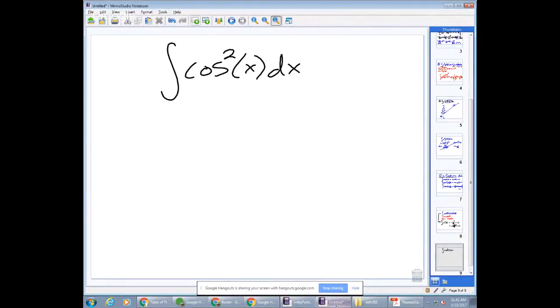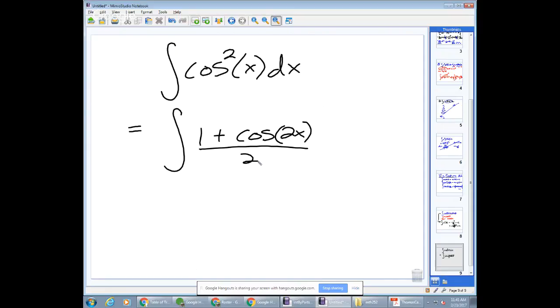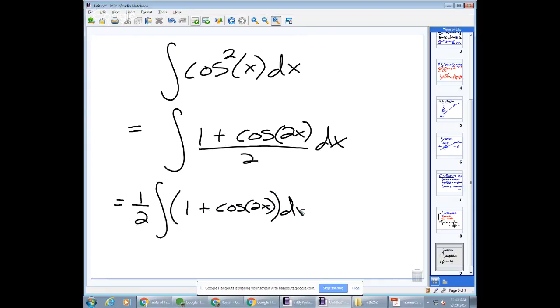So the trig identity says this is equal to the integral of 1 plus the cosine of 2x over 2 dx. Now I can pull out that 1/2. And so then I just have to integrate 1 and cosine of 2x with respect to x.